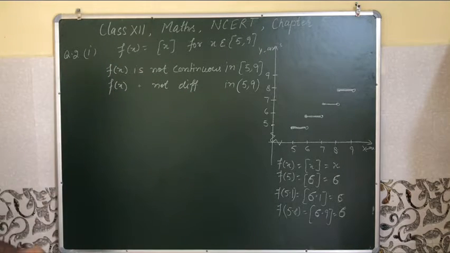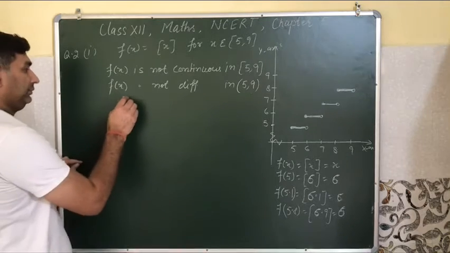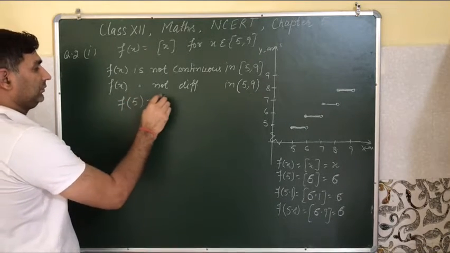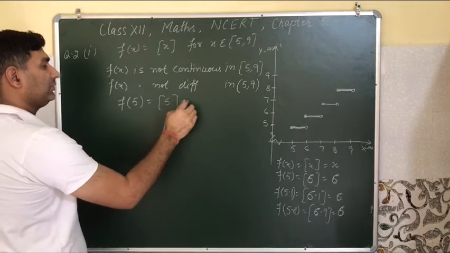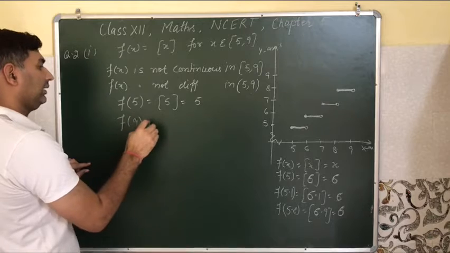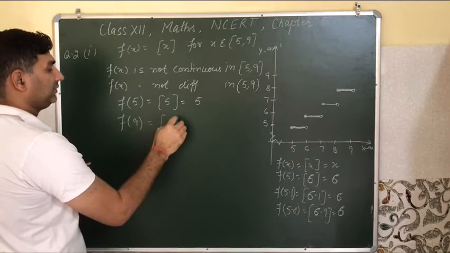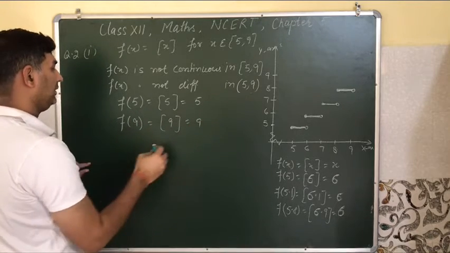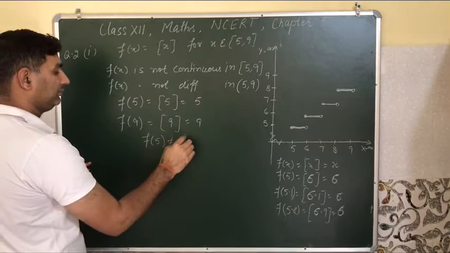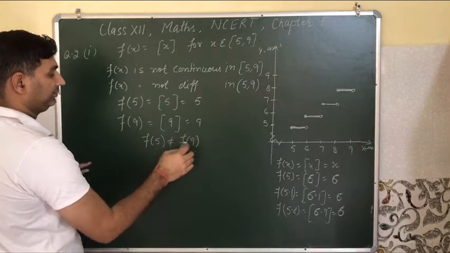The third condition is f(5), the greatest integer function of 5, is 5, and f(9), the greatest integer function of 9, is 9, and f(5) is not equal to f(9).